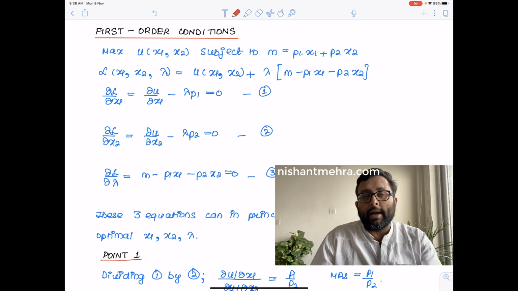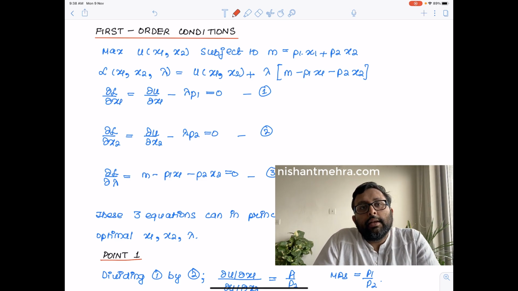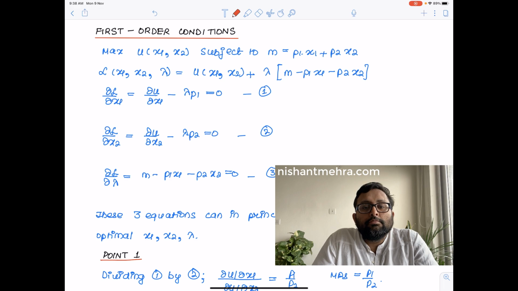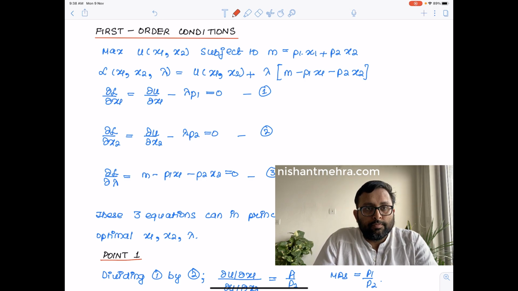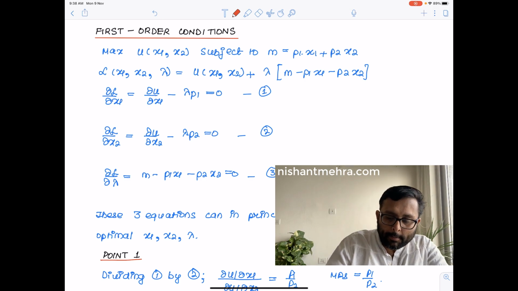Acha, you can actually extend the Lagrangian technique to include the corner solutions also, because Lagrangian in itself is only going to give you the interior solution. Interior solution means what, beta?